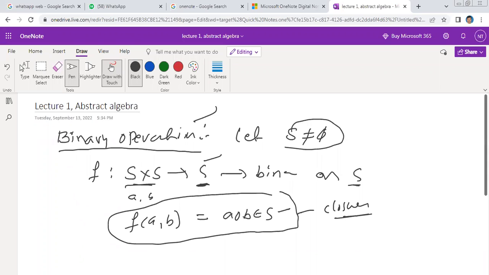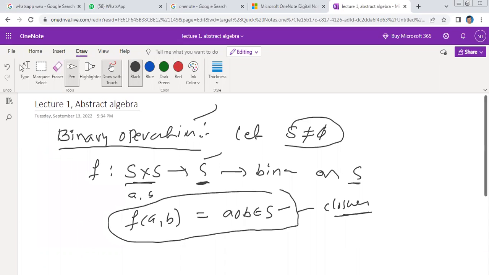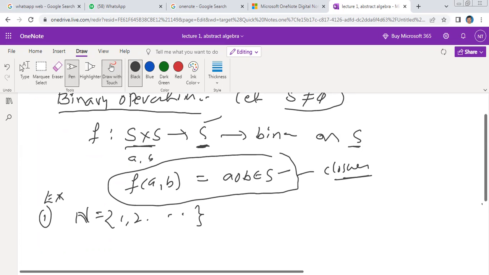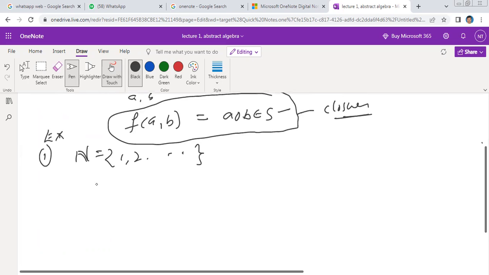So I'm giving some examples of binary operation. Suppose I take the set of all natural numbers, 1, 2, 3 like that. Is addition a binary operation on N? Addition is a binary operation on N. What does it mean? Suppose I take any two elements A, B belonging to the natural numbers.